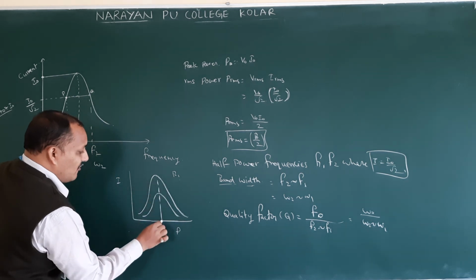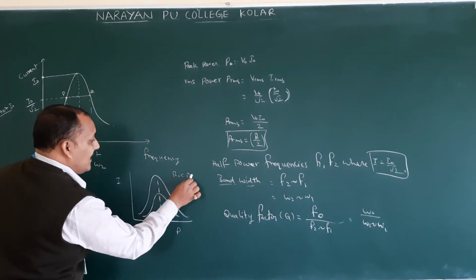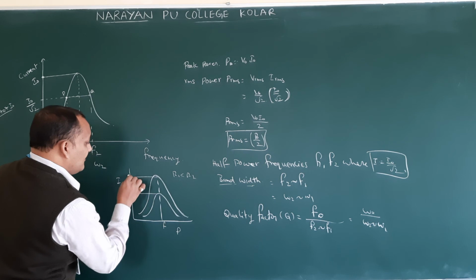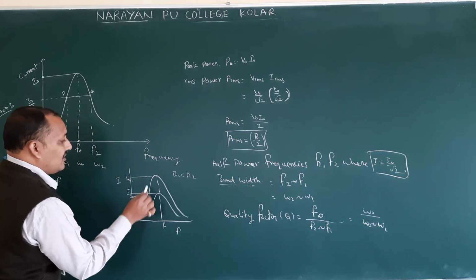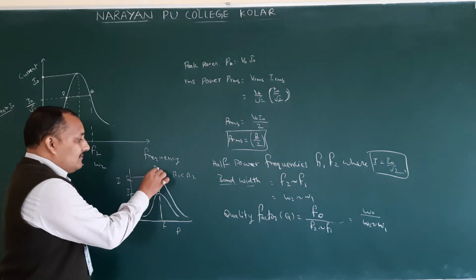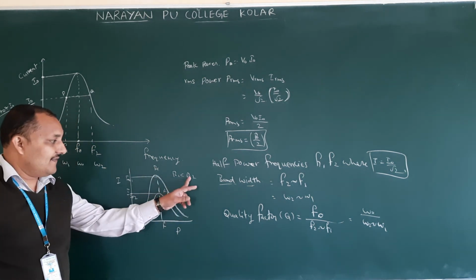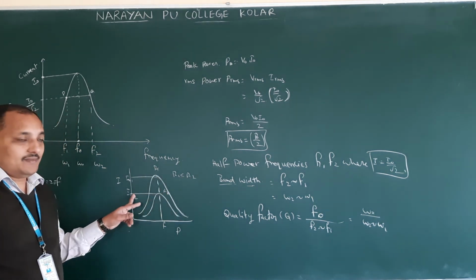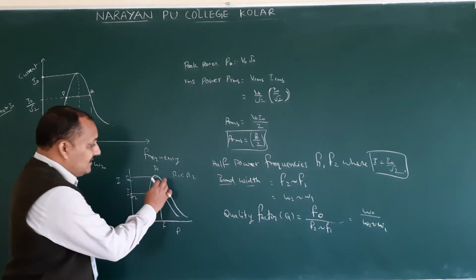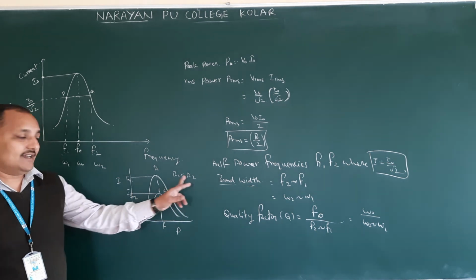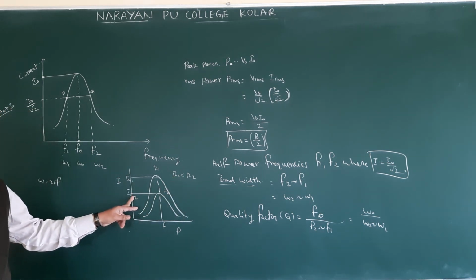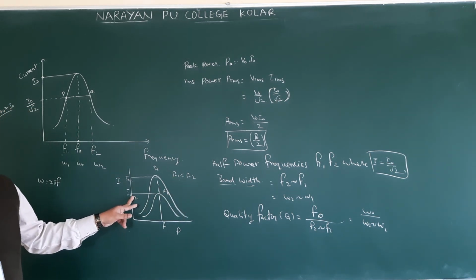The resonance frequency won't change. What changes is the I naught value: I naught 1, I naught 2, for R1 and R2. If I increase R2, the current value decreases. Very carefully we should remember this.